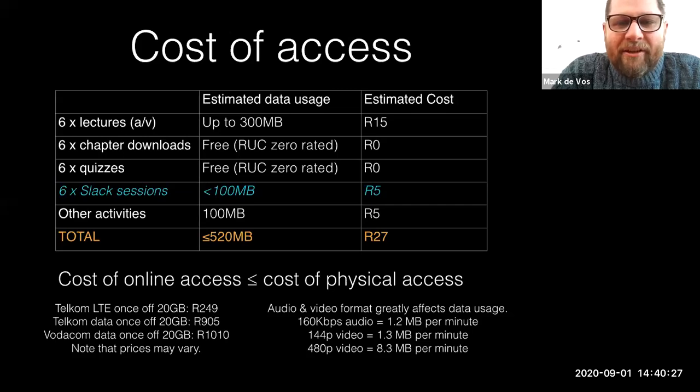So effectively, the cost of accessing university physically for one day might be more expensive than accessing an entire module online. So I think when we talk about the cost of access, we've got to balance the cost of data access with the cost of physical access as well. And usually we don't talk about that. We imagine students arrive on campus as if that were completely cost-free, which obviously it is not.